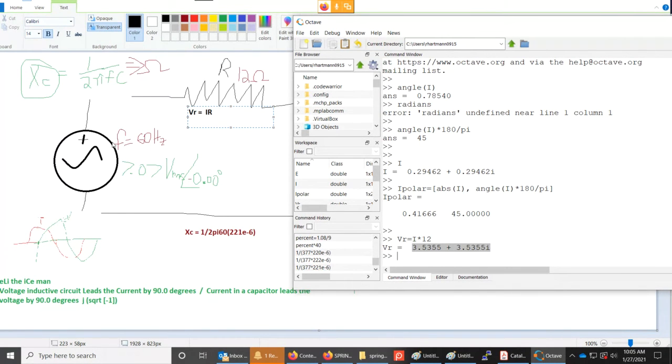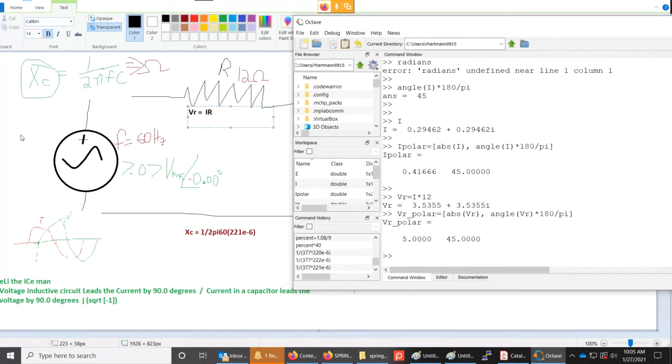So there is my voltage. But again, this voltage is in a rectangular format, so I want to convert that. I'm going to use my up arrow key and call this VR with an underscore polar. Now I get that the magnitude is 5 volts and the angle is positive 45 degrees.